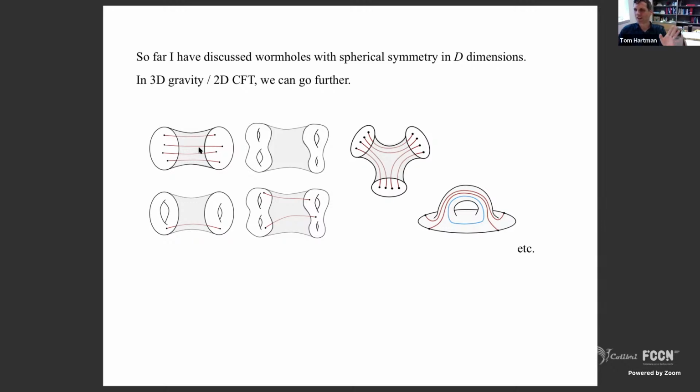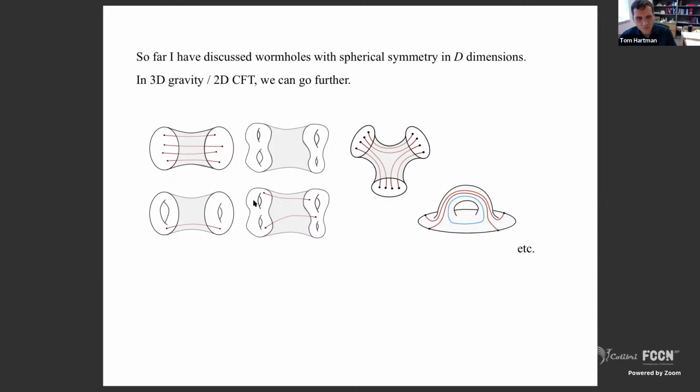That was something that was very useful to do in the bulk because of the spherical symmetry, but is a very inconvenient quantity to study in CFT. In CFT, we usually talk about correlation functions of local operators, because that's what's directly related to the usual CFT data.